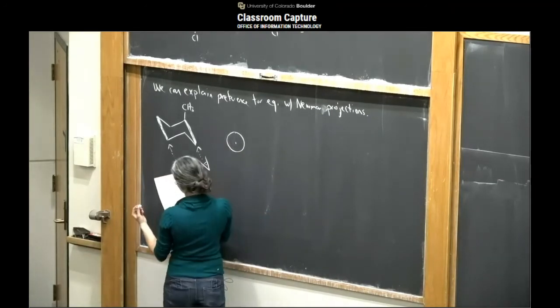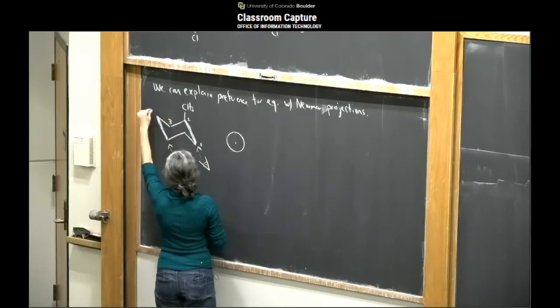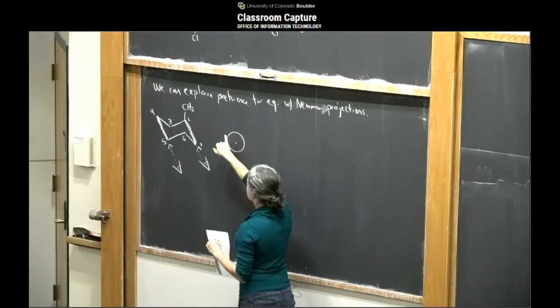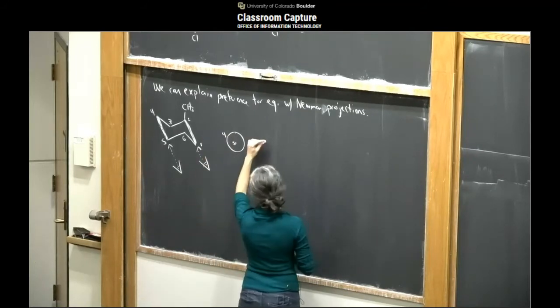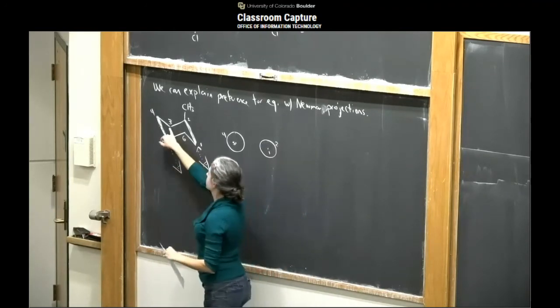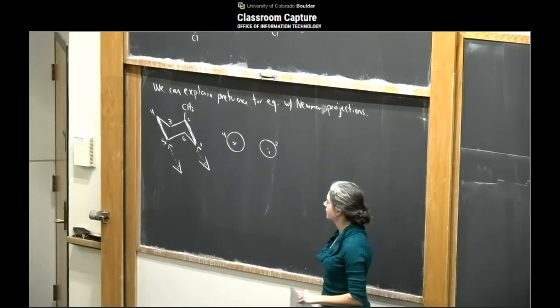So if I do numbering here, I could say 1, 2, 3, 4, 5, 6. So the left half of the ring has 4 in the back and 5 in the front. The right half of the ring has 1 in the front and 2 in the back. 3 and 6, you'll notice those carbons aren't part of either bond that's getting sighted along.